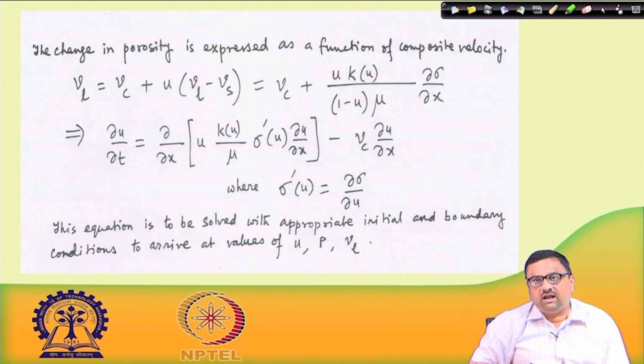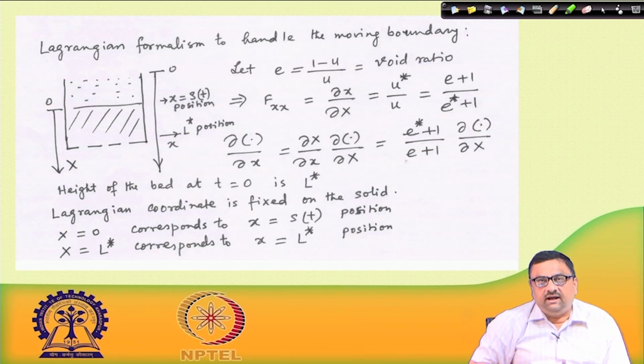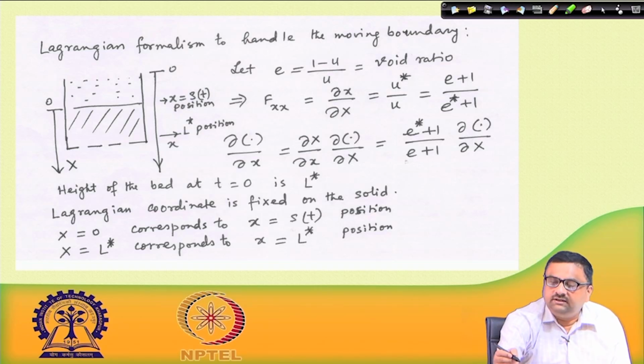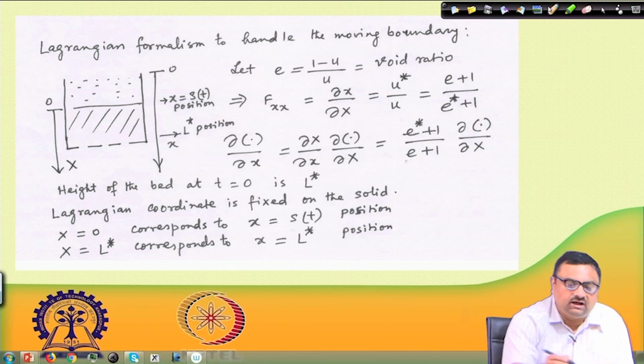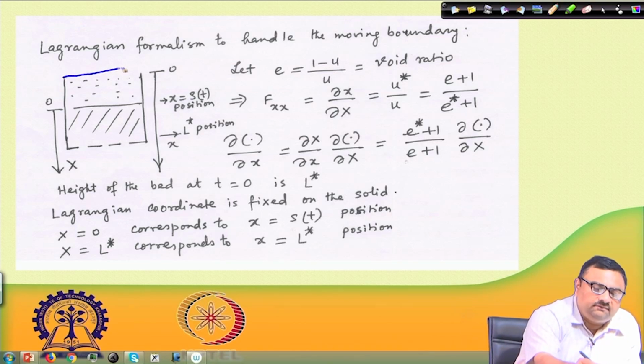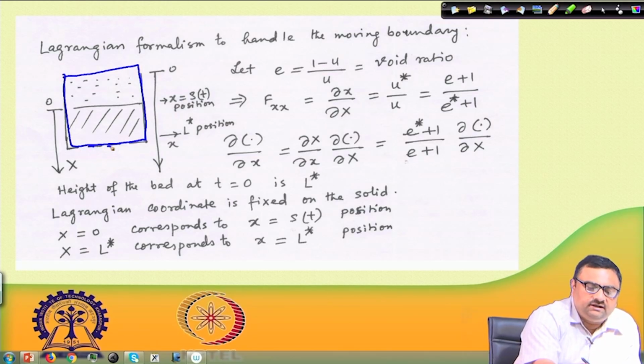But there is another major issue, and that is that it requires this Lagrangian formalism to handle the moving boundary. Initially to start with, this was the porous medium, and then you placed it on a strainer, so that the flow can come out from this side.